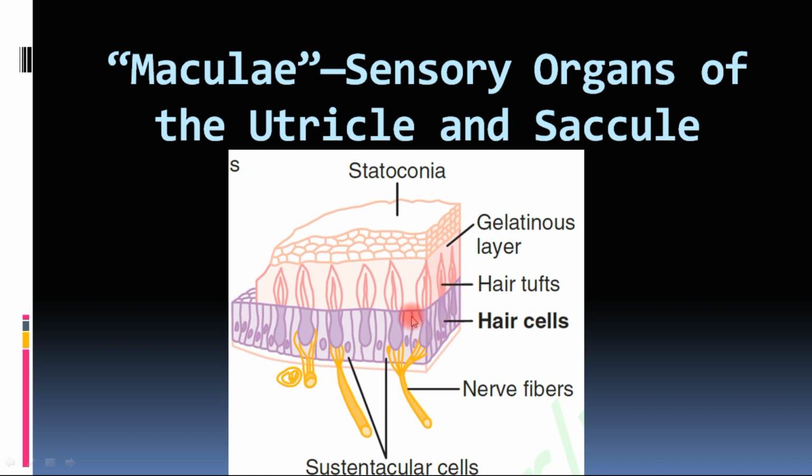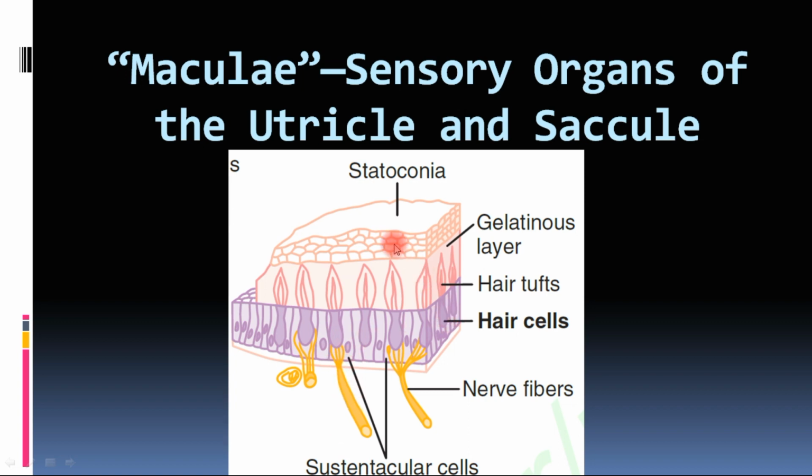And this hair cell, as you can see, is giving out hair tufts or cilia into the gelatinous layer. These hair cells are then supplied by the nerves. So any receptor potential generated in these hair cells will form the action potential and will be carried away to the brain with the help of these neurons.